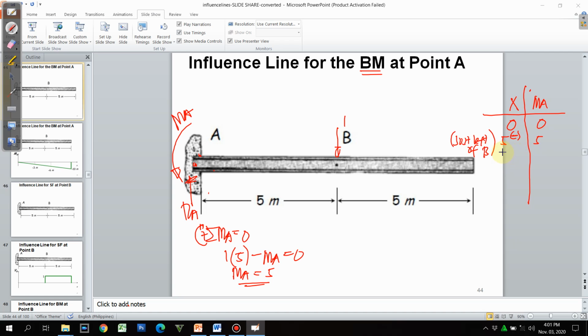So if we consider just right of B, this is 5 plus, or just right of B, we will still yield the same value of moment.